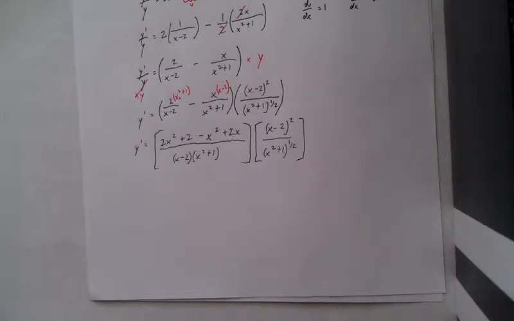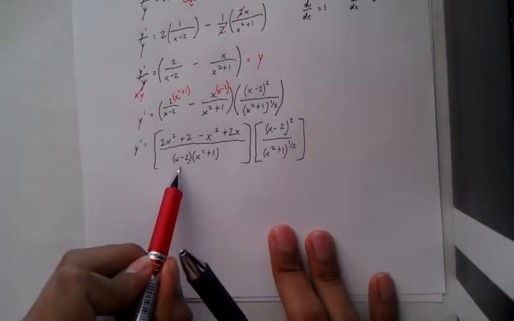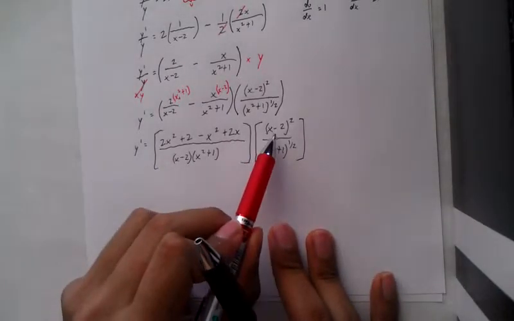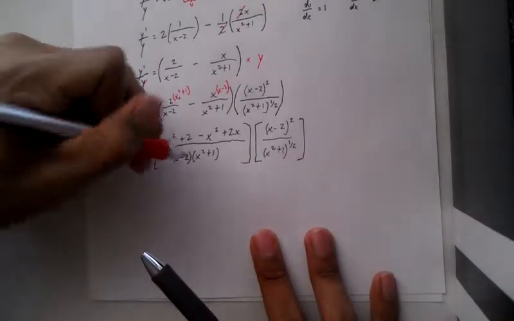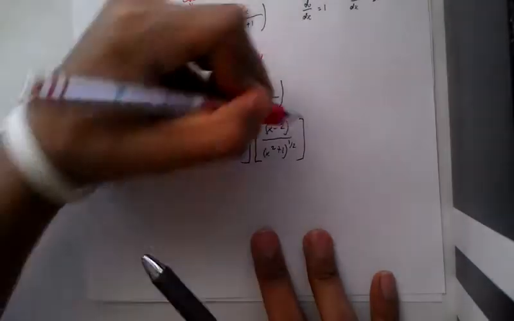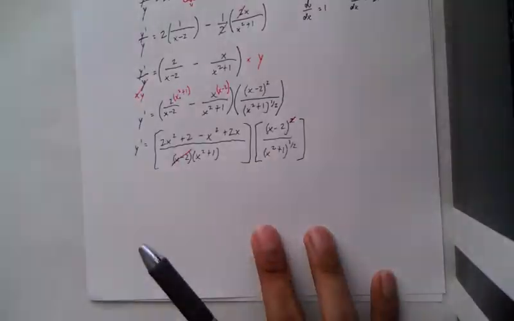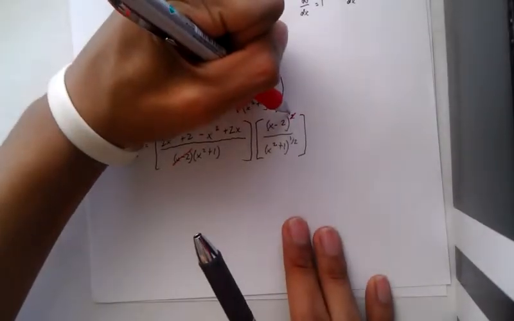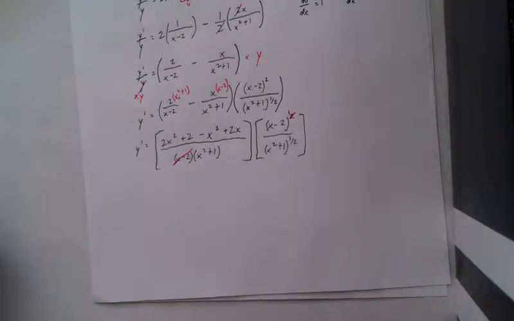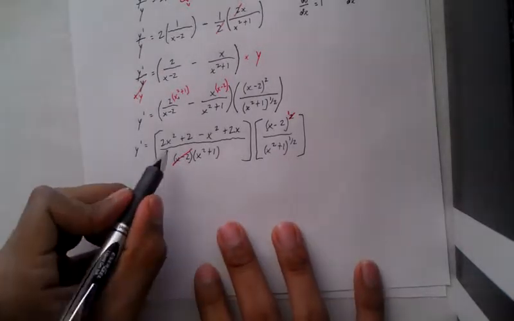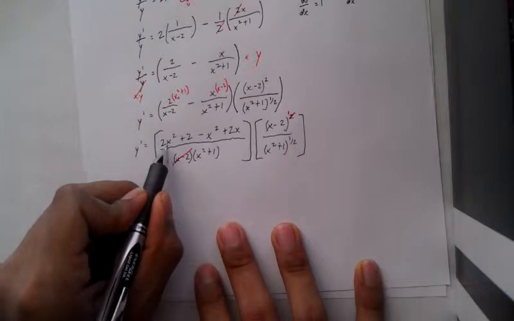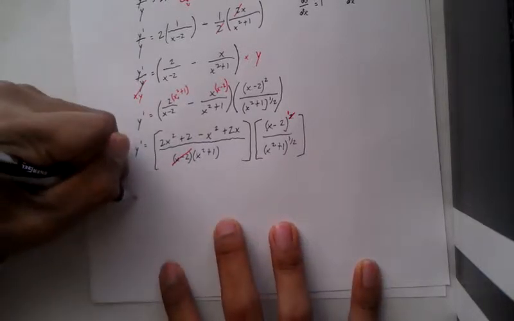If you look here, you can see that this x minus 2 can cancel out with one of the x minus 2's up here. So you can cross that out, and you can cross the 2 out. This just becomes x minus 2 to the first. Combine like terms right here, 2x squared minus x squared.